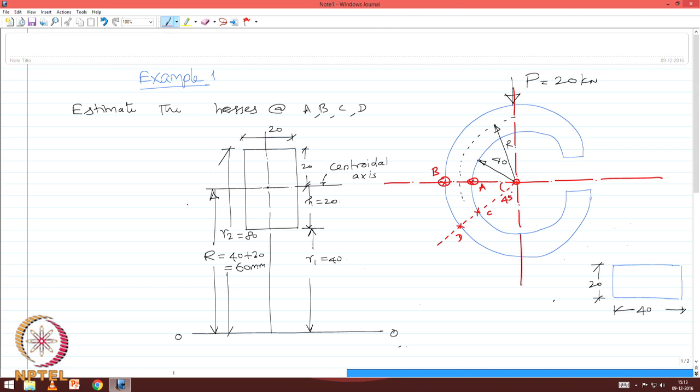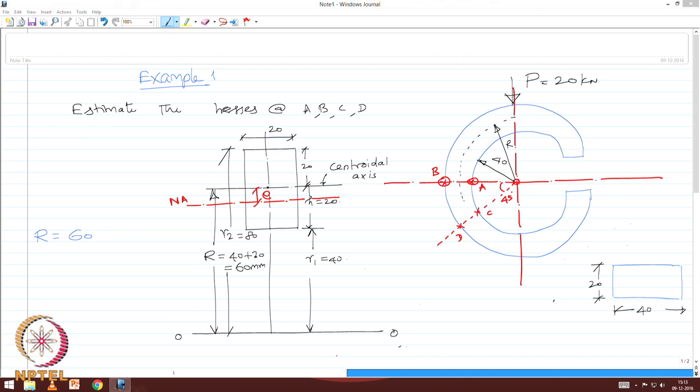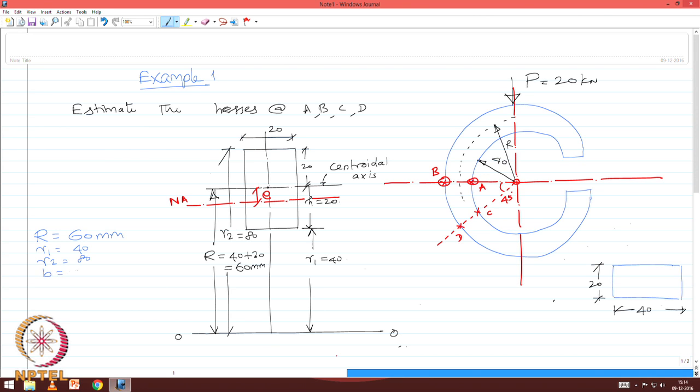The neutral axis will be shifted with an eccentricity E, which we need to estimate. Let us write down certain parameters. So, R is 60, R1 is 40, R2 is 80, B is 20 and H is 20.